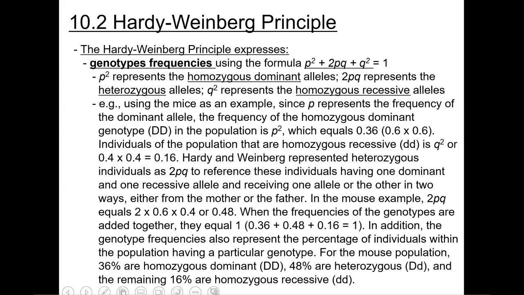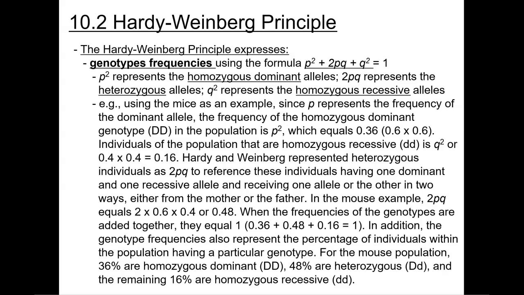Genotype frequencies are going to use the formula p squared + 2pq + q squared = 1. So p squared represents the homozygous dominant genotype, 2pq is going to represent the heterozygous genotype, and q squared is going to represent the homozygous recessive genotype. So for the example, you can use the mice, since p represents the frequency of the dominant allele.